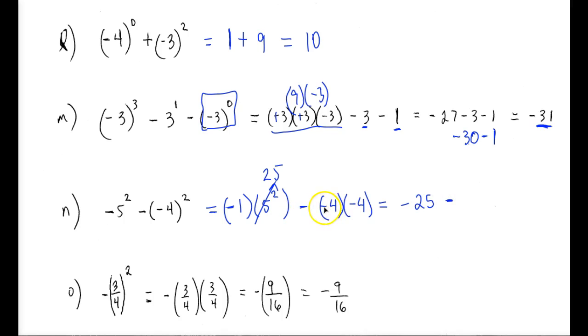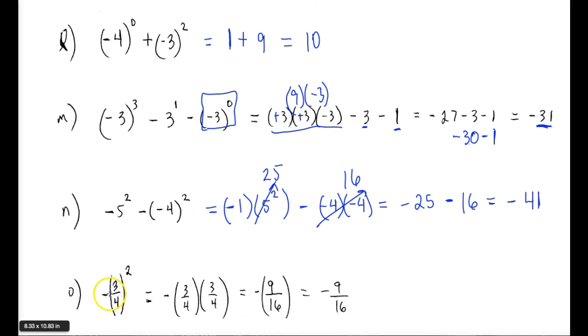We do the minus, and a negative times a negative here is a positive, so all of this is a +16. Then we have -25 minus 16, which is a -41.